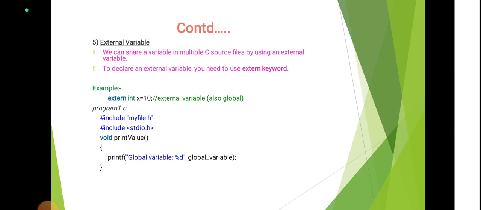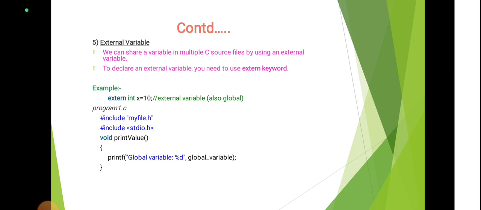For example, extern int x equal to 10. This variable works as an external variable. Then in program1.c, we print the value of the global variable as printf global variable %d.